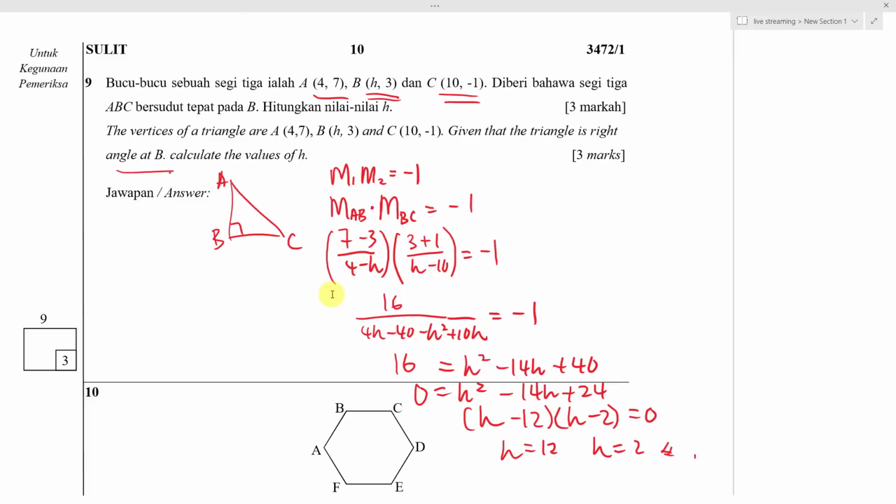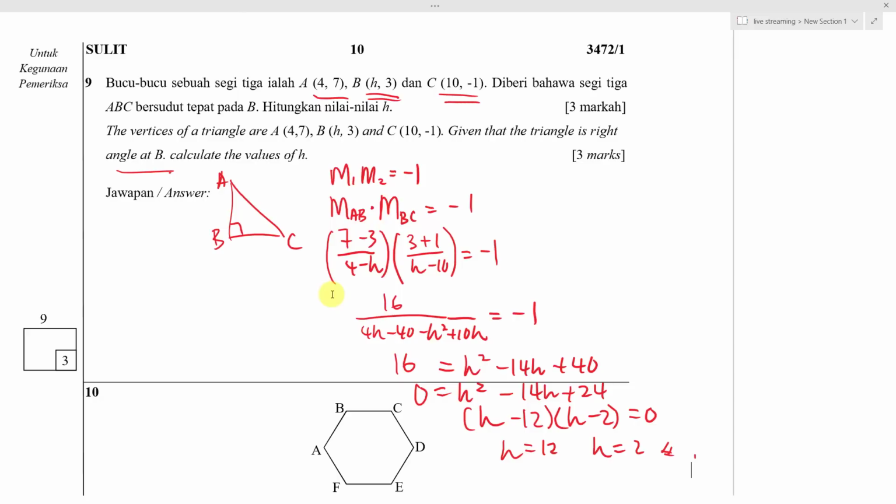I don't think Pythagoras is a good idea over here. Definitely with Pythagoras you can get the answer, but I'm not sure how long you would spend on 3 marks. We always use the easiest one to solve it. Definitely Pythagoras can get the result because this is a right angle triangle.